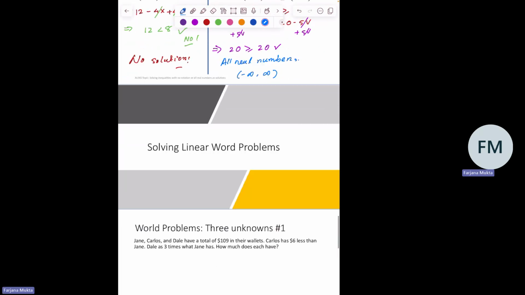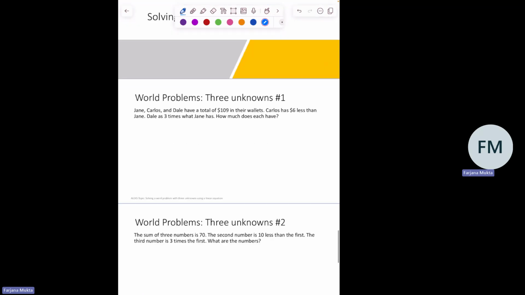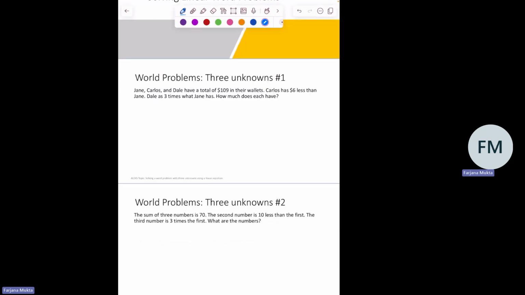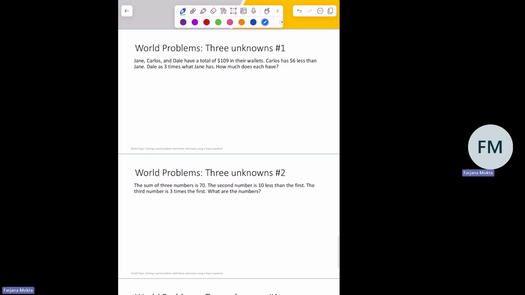Now moving forward, we are about to start solving linear word problems. The first word problem that we have here. So when solving any word problems, we will follow some steps. The first thing, we'll read the question carefully, and we will assign some variables for what we are trying to solve for, okay?